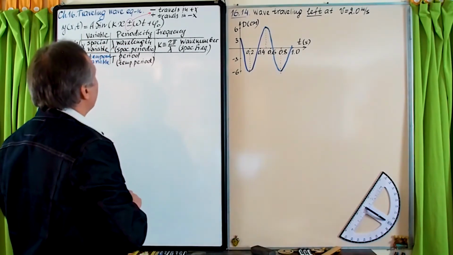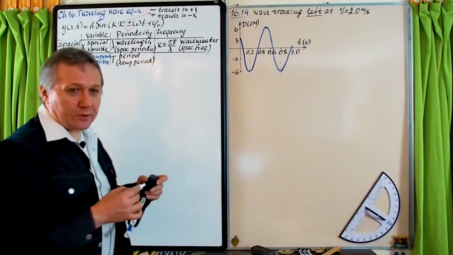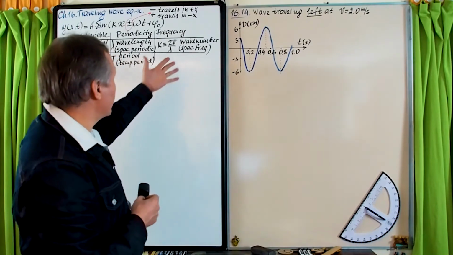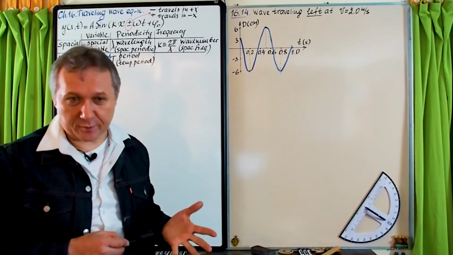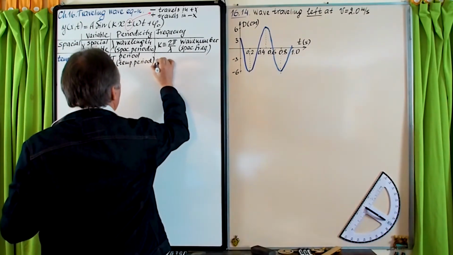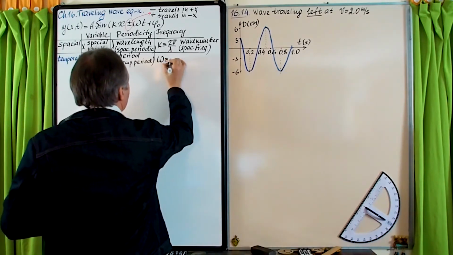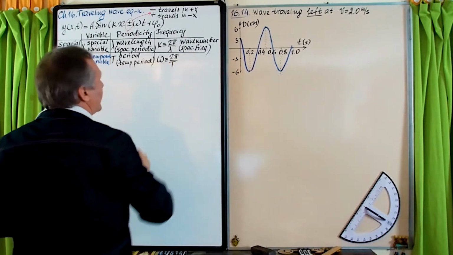Okay, so now next, let's introduce something similar in time. And of course, that will be temporal frequency. It is introduced in this way: omega, by definition, 2 pi divided by temporal periodicity.